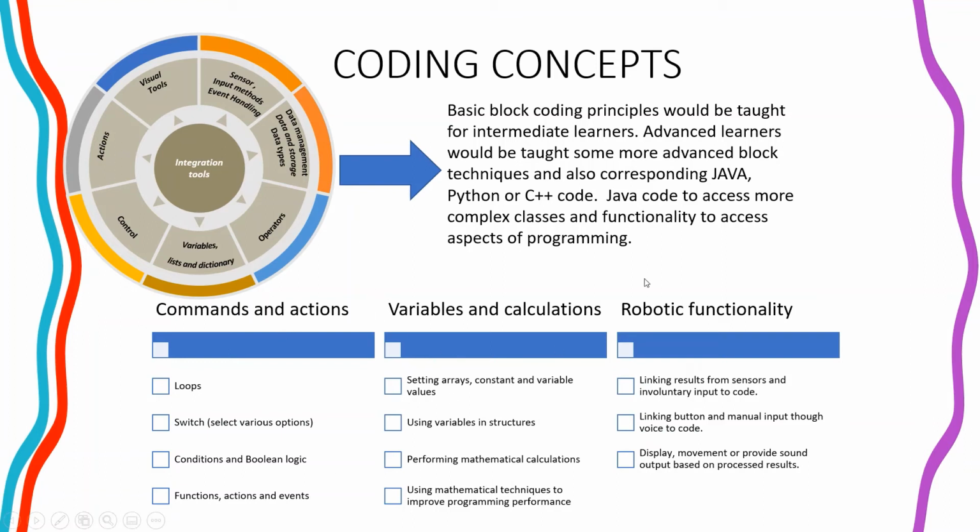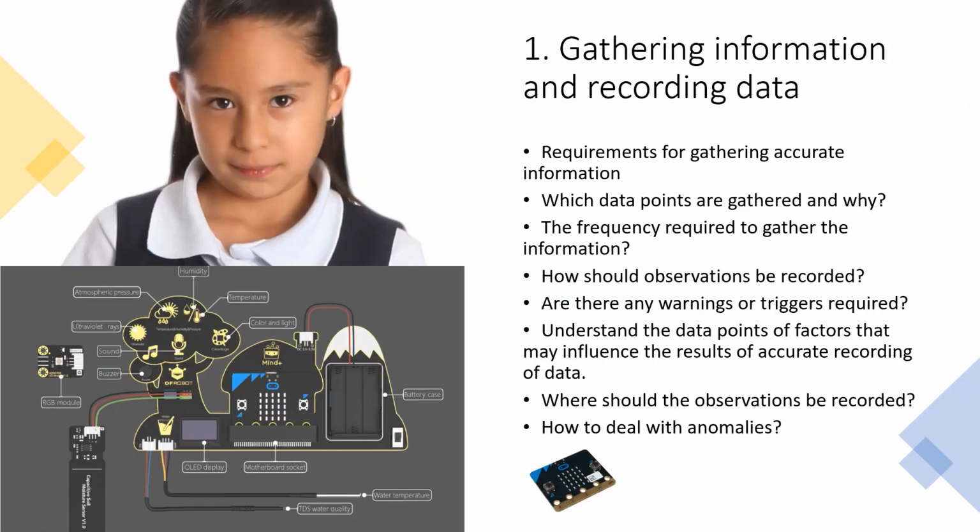It's important to teach the basics around variables and how you calculate the functionality around robotic functionality and understanding the robotic and sensor functionality, which is understanding the devices, which is more of an engineering concept, where command and action is something that you would do and variable in calculation that you would do in maths, where the robotic functionality is more of science and engineering, but you can integrate it all into your concepts training, and then at the beginning, when we start with the primary and pre-primary kids, we would start with coding blocks, and then we will move over to Python, C++ coding, and Java, JavaScript coding.